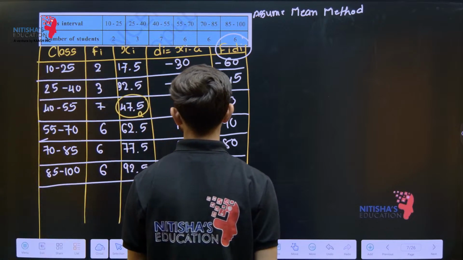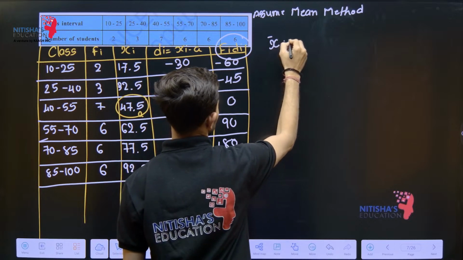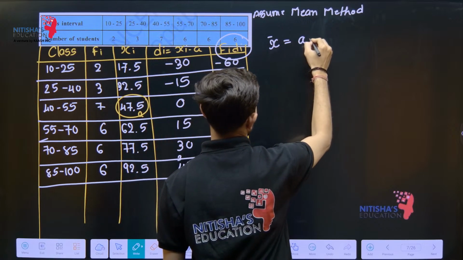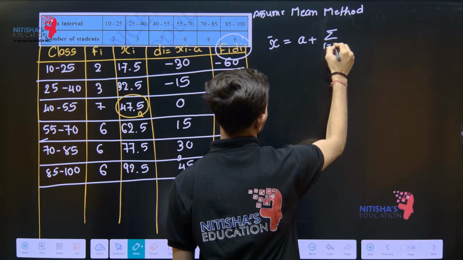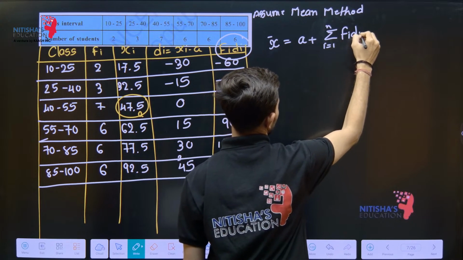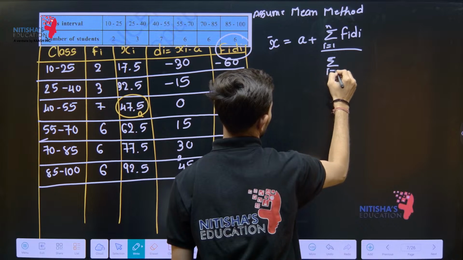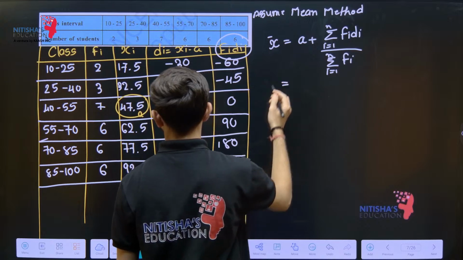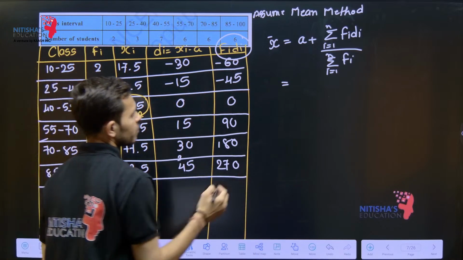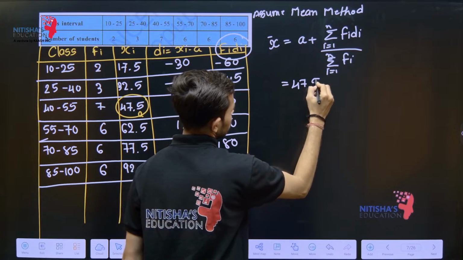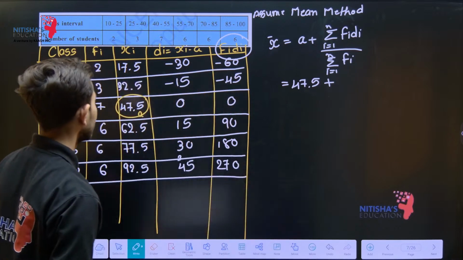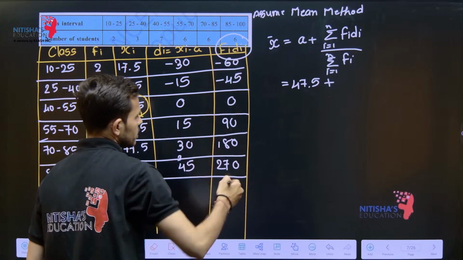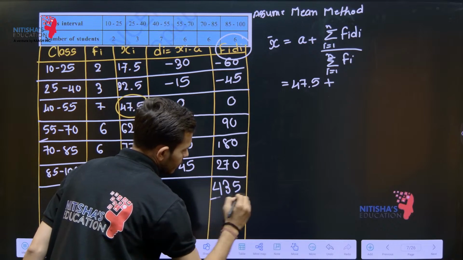Now we have to use the equation of mean for the assumed mean method. So mean is given by a plus sigma fi di divided by sigma fi. The a that we have assumed is 47.5, plus sigma fi di. If we add all these, we will get 435.